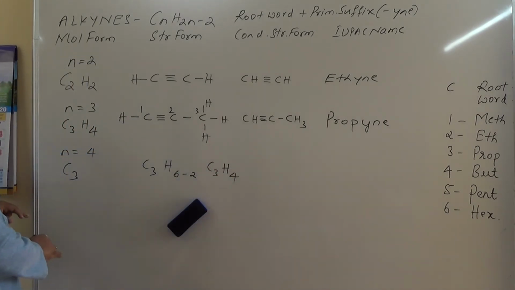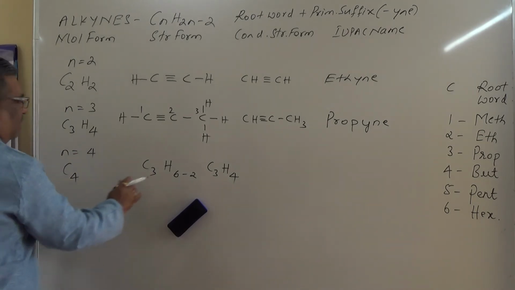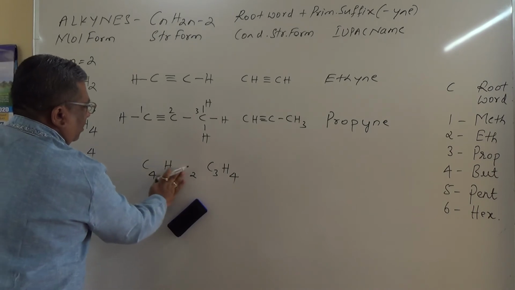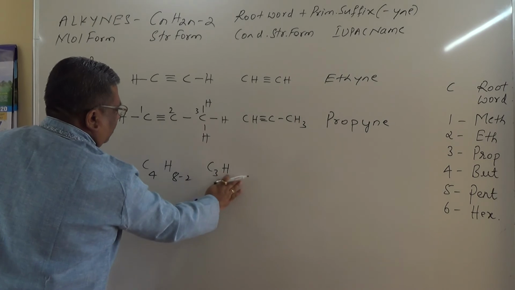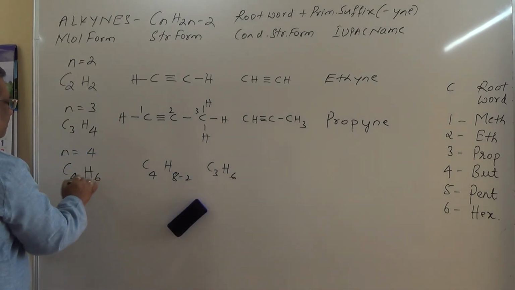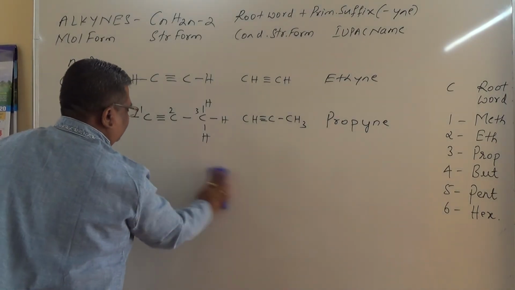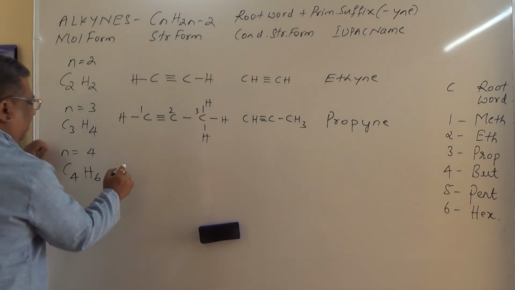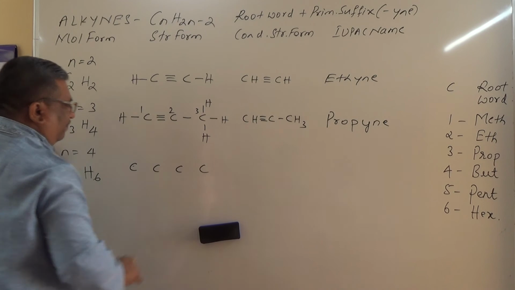Next, n equals 4. Oh, n is equal to 4 I have to take, so C4. 4 2s are 8 minus 2, so 6: C4H6, not C3. Now 4 carbon atoms, 1, 2, 3, 4.